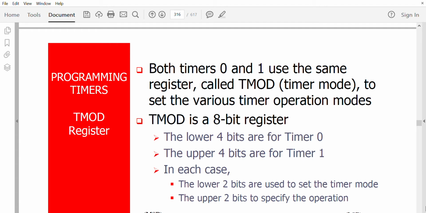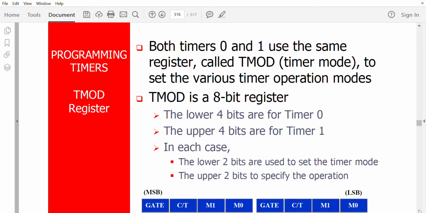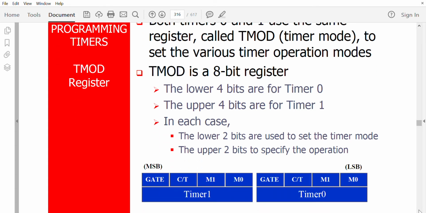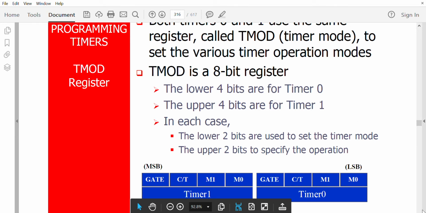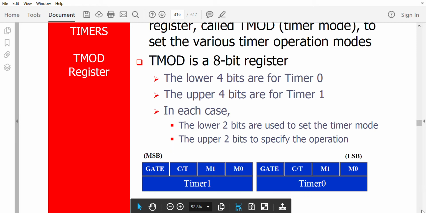That we'll see here. TMOD, unlike T0 and T1, is 8-bit, so 4 bits and 4 bits. The lower order 4 bits are for timer 0 and the higher order 4 bits are for timer 1. So this together forms the TMOD.